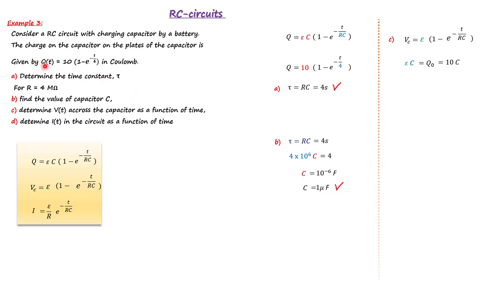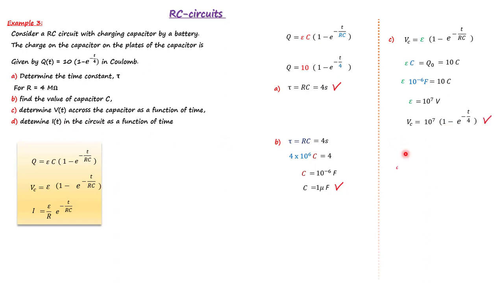Because Q is given in coulomb. But I already know the value of C from part B. From here, I can get epsilon. So epsilon times 10 to the minus 6 farad is 10 coulomb. Then epsilon is 10 to 7 volts. Now Vc is 10 to 7 times 1 minus e to the minus t over 4.